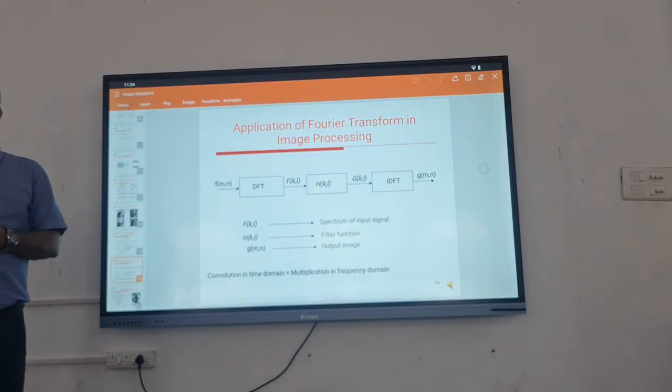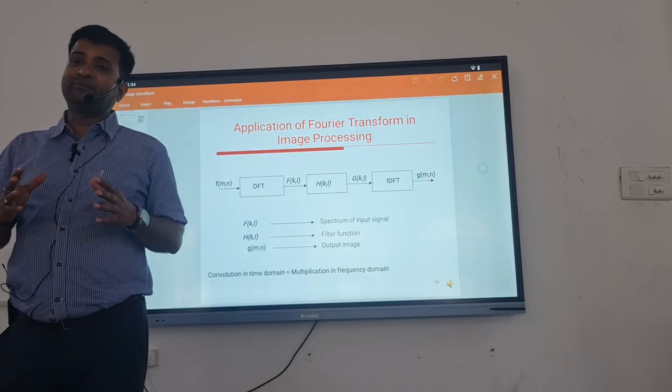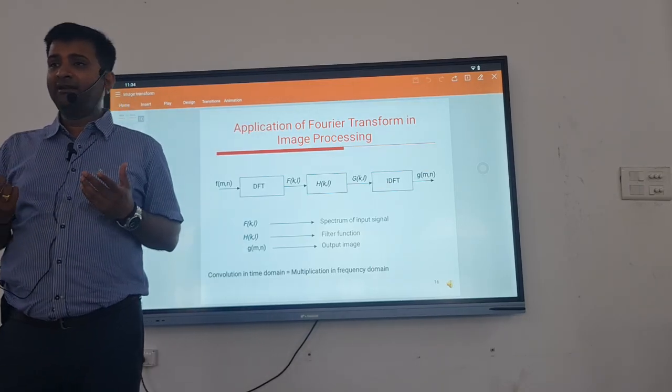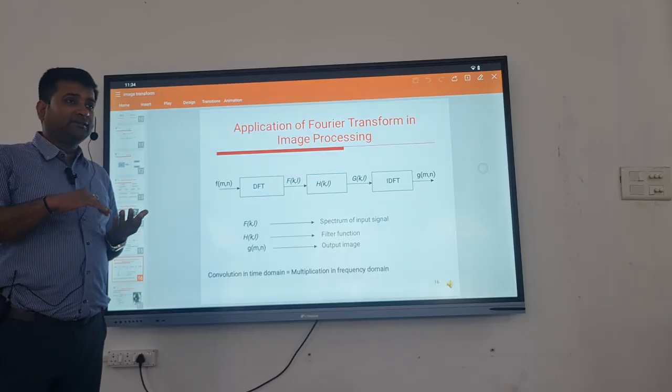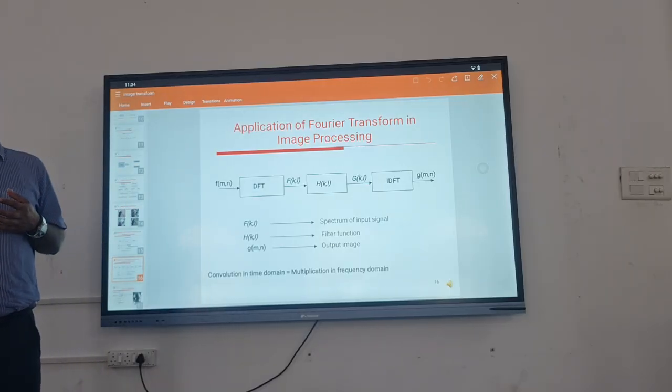Here you have taken the Fourier transform of a given image to find out the spectrum of this image, and inverse discrete Fourier transform to find out the original image.